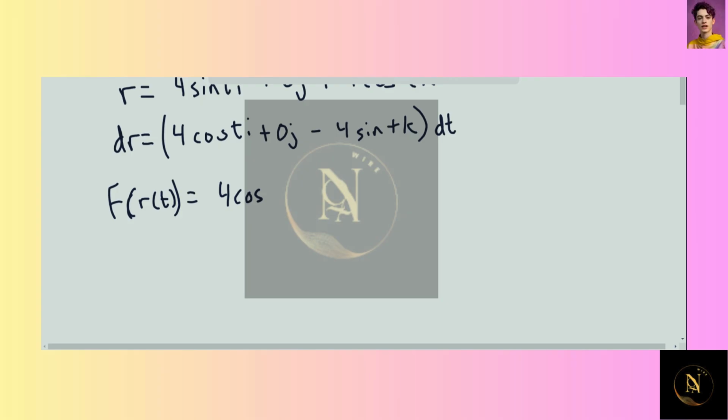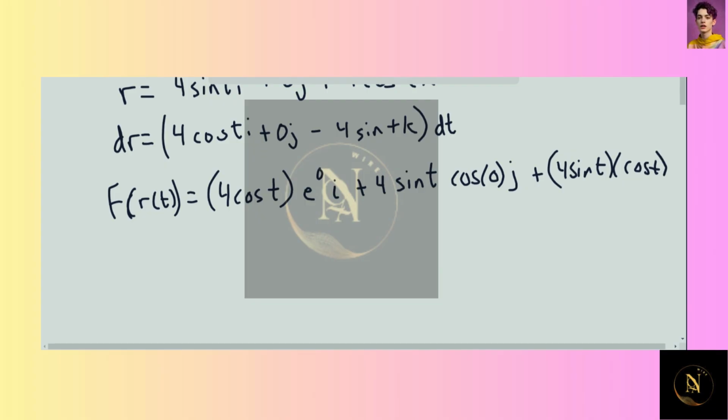will then be equal to 4 cosine t e to the 0 i, plus 4 sine t cosine of 0 j, plus 4 sine t cosine t multiplied by sine 0 k.